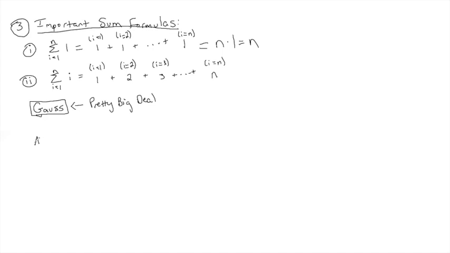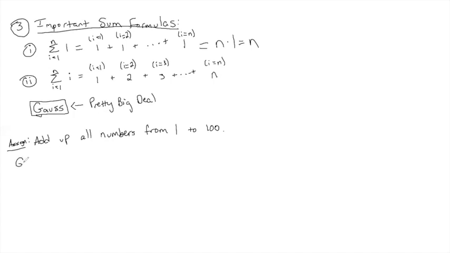Add up all numbers from 1 to 100, which is exactly what we're doing here. If n equals 100, I'm adding up 1 plus 2 plus 3, dot, dot, dot, plus 99 plus 100, right? So this is just one of the special cases.